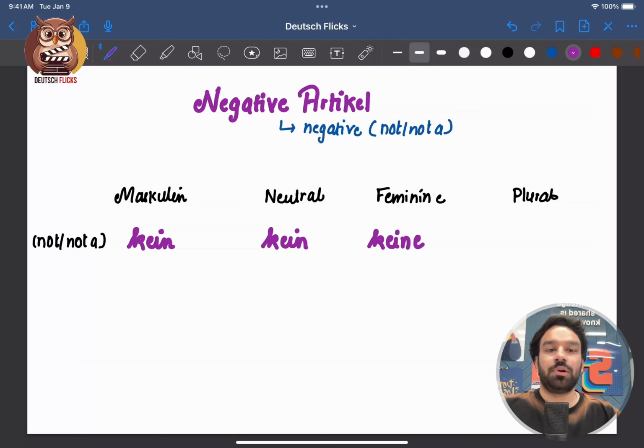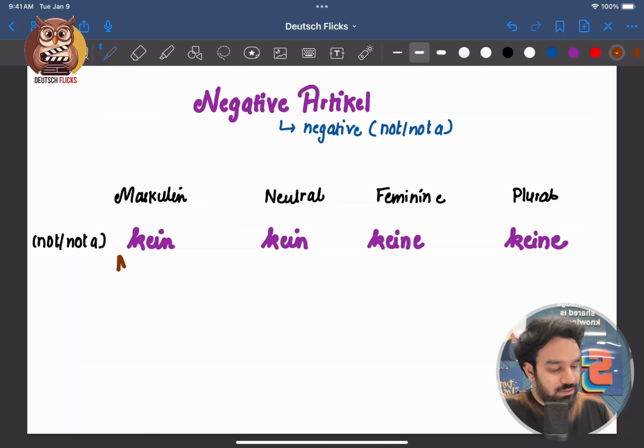Now for plural, we did not have anything for the indefinite article. We cannot say "apples, mangoes." But we can say "these are not books, these are not apples." So yes, we do have a negative article for plural, which is called keine. So we have kein, kein, keine, keine.